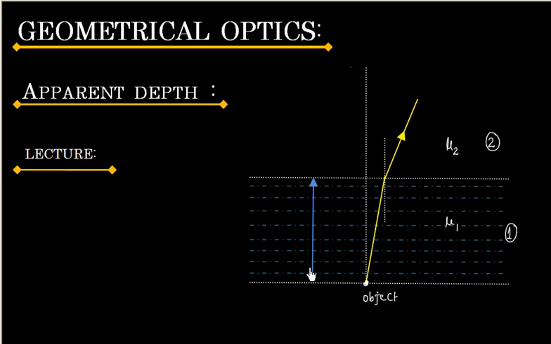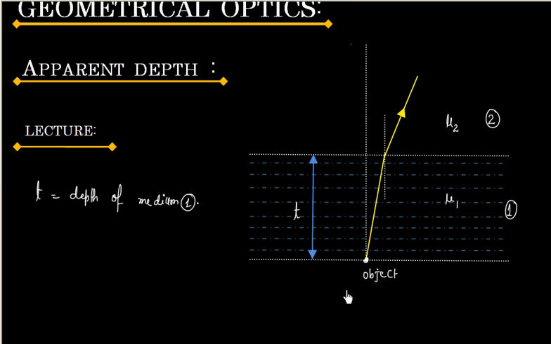The thickness or depth of medium 1 is t. Our task is to locate the image position of this object.